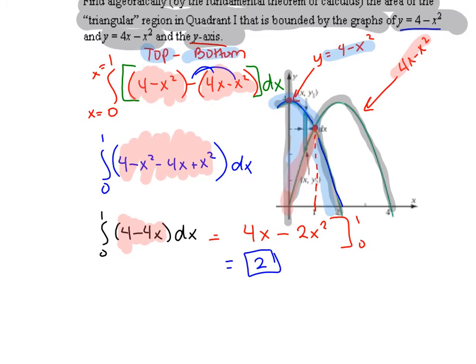This is the last thing we're going to do, so this video is going way too fast. Let me just explain why. You might be wondering, how's that possibly the area? Well, let me erase some stuff. Maybe I'm going too fast, because I need to be sure I'm explaining this correctly, because you need to understand. For the 4 minus x squared, that's this graph. If you take its integral, you're getting all of this.